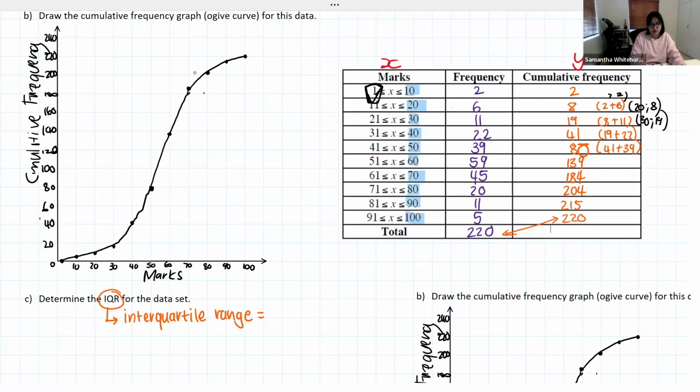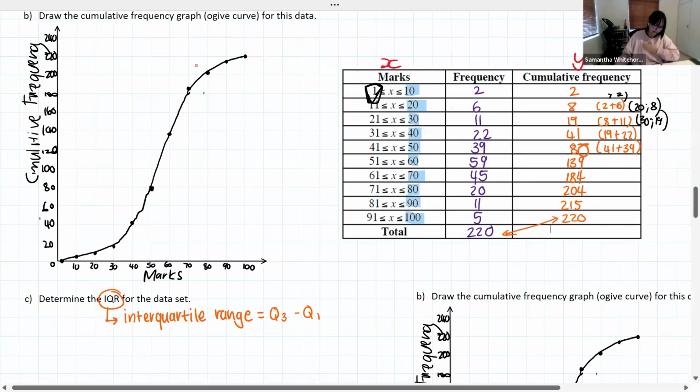So how do you actually determine the interquartile range? Good. Q3 minus Q1. So that obviously means I need to know what Q3 is, and I need to know what Q1 is. We use our ogive to go and figure that out.